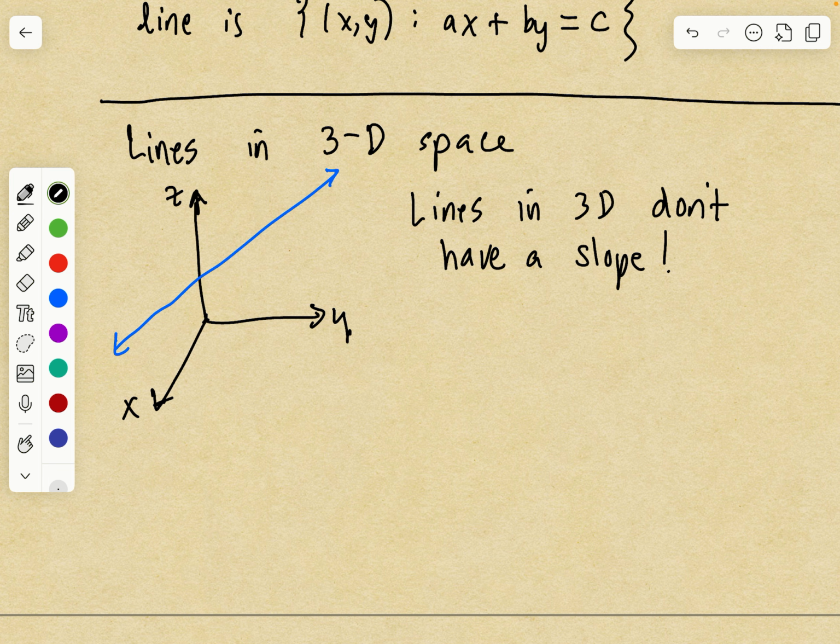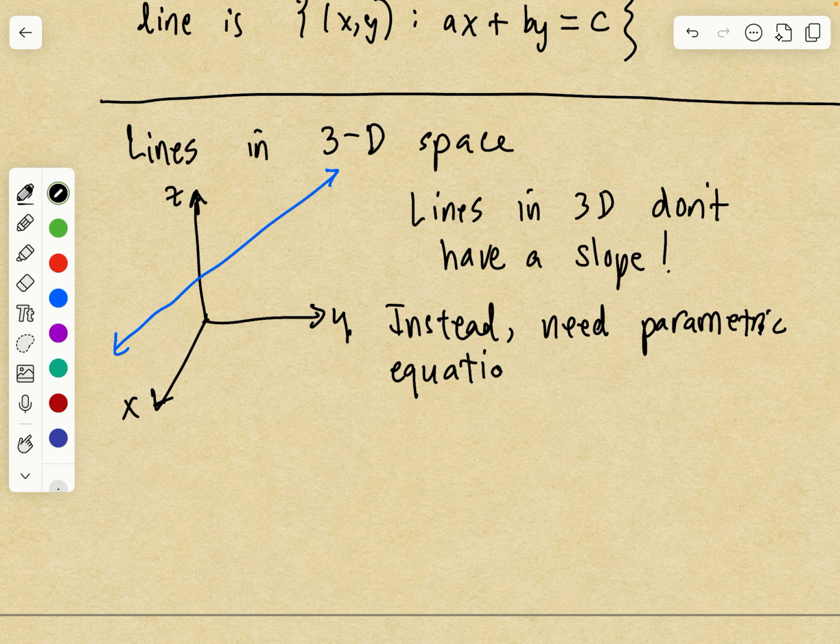So what we're going to need to describe lines in three-dimensional space is a parametric equation. A parametric equation is a function where the output gives you all the points on this line.